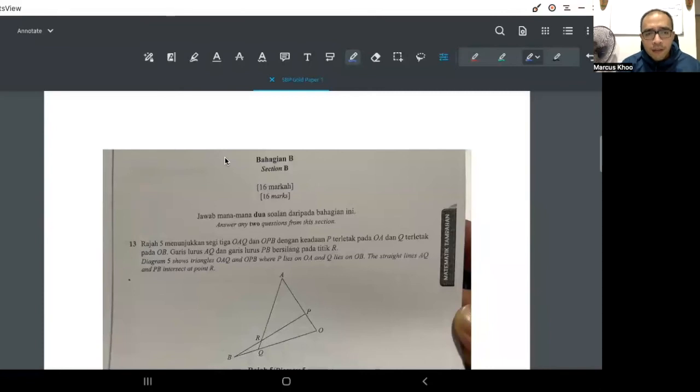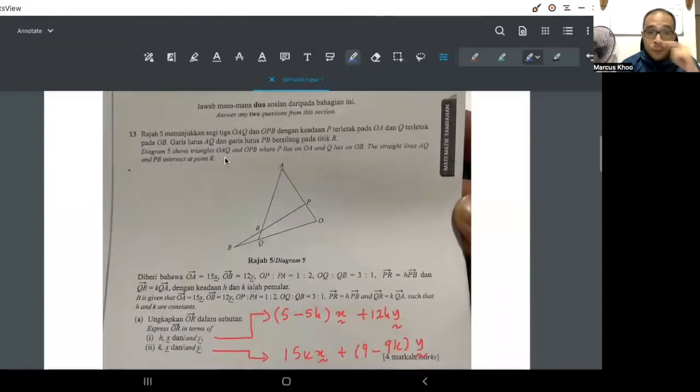Okay, so Diagram 5 shows triangles OAQ and OPB, where P lies on OA and Q lies on OB.